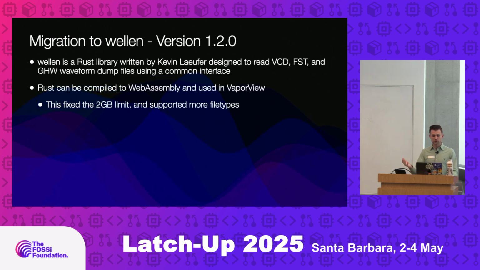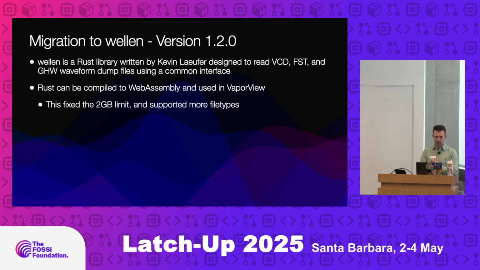That fixed the 2 gigabyte limit for file sizes, and it also supported more file types, namely FST, which is an okay file format for waveform dumps. It's definitely better than VCD, but it doesn't scale for super large waveform dumps, which is a little bit out of the scope of this presentation.